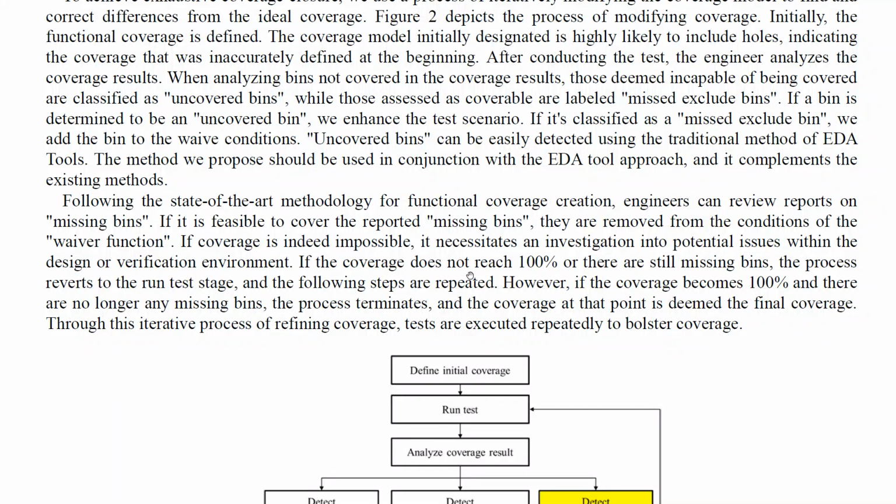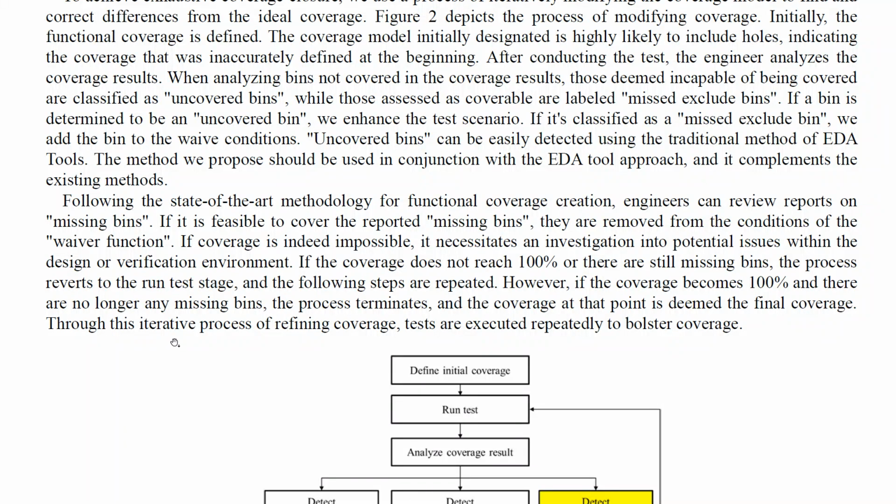If the coverage does not reach 100% or there are still missing bins, the process reverts to the run test stage, and the following steps are repeated. However, if the coverage becomes 100% and there are no longer any missing bins, the process is terminated and the coverage at that point is deemed the final coverage.